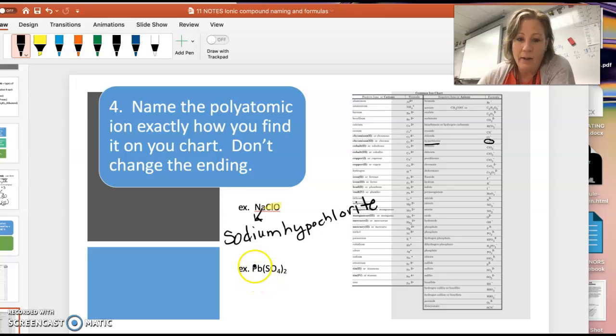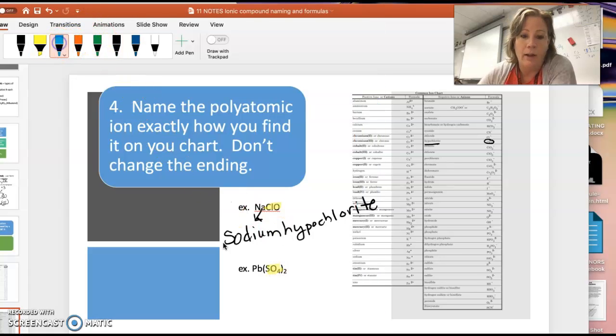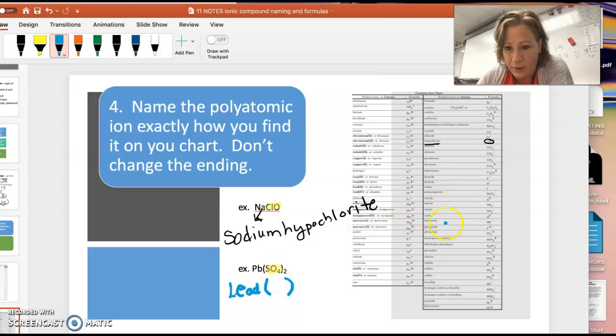So I don't change the name, I name it exactly how I find it here. Here's another, and the polys are easier to see when they're in parentheses. So this is going to be lead, and we're going to have to figure out which lead it is. I'm going to leave that for the Roman numeral, and then SO4 is sulfate, which is somewhere again hiding down here. Notice that the sulfate is SO4 -2.